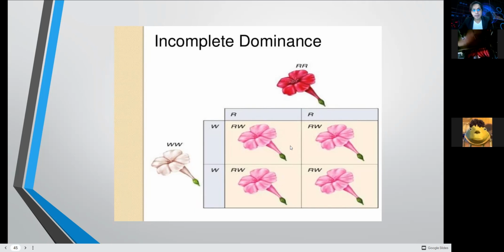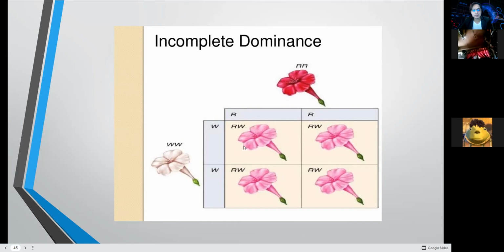So the phenotype there is pink, controlled by heterozygous red and white.